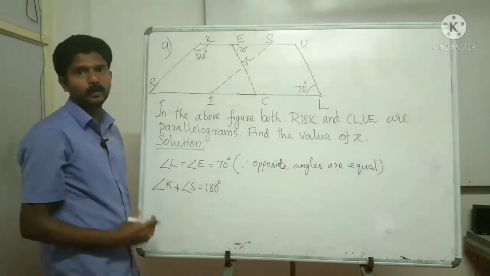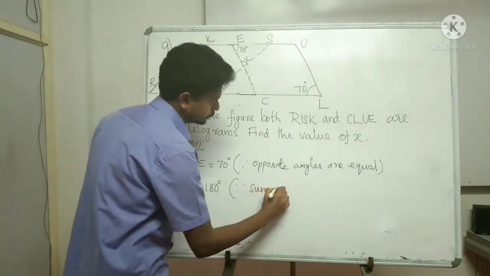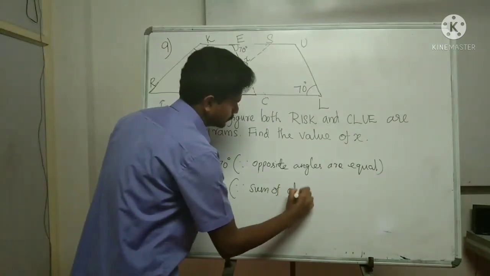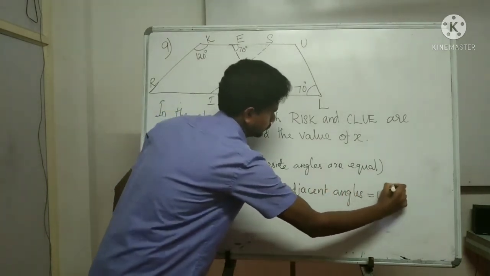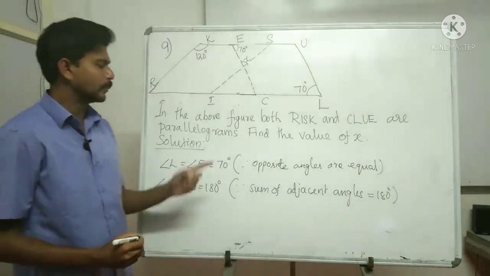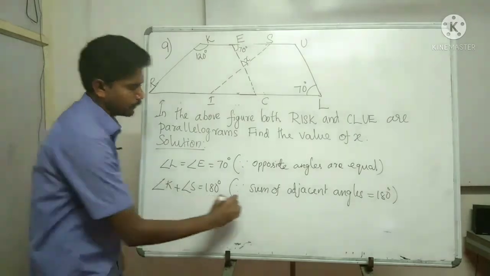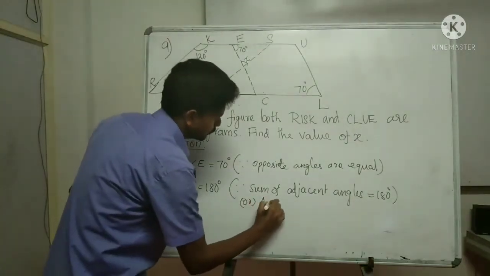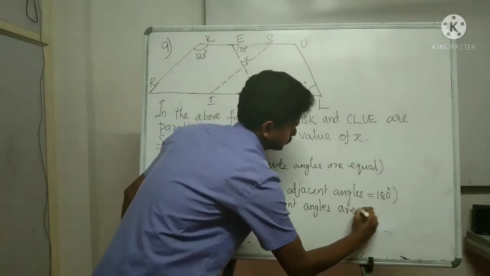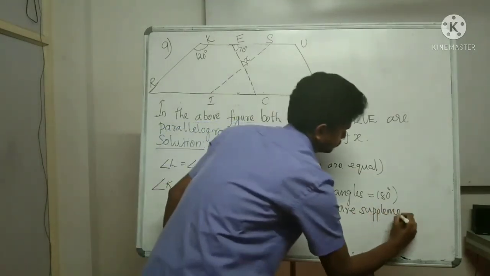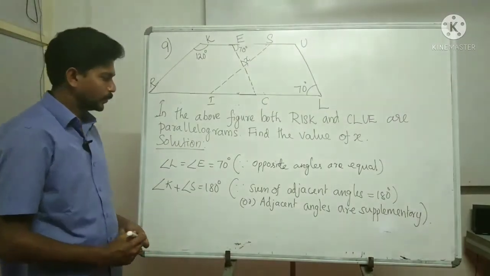Sum of adjacent angles is equal to 180 degree because they are supplementary. Or we can write as adjacent angles are supplementary. Both ways we can write.